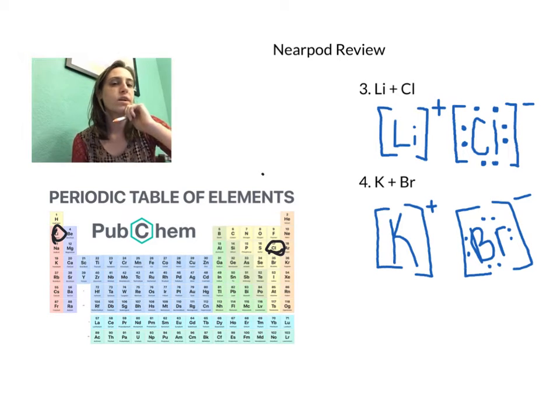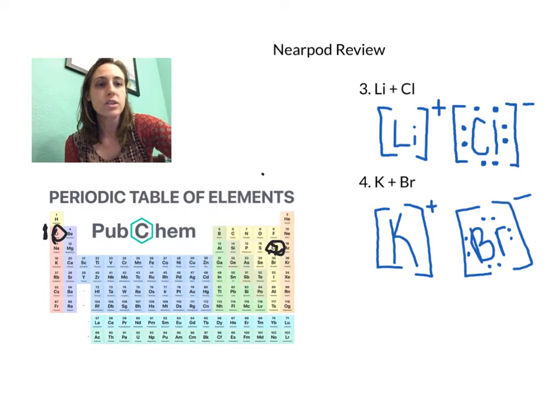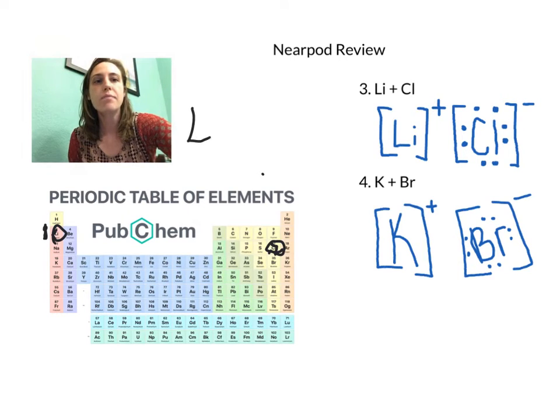Lithium has how many valence electrons? It has 1. And chlorine has 7. So it only needs 1 more to get that full octet that it's looking for. So what's going to happen is this 1 valence electron is going to move, and some of you actually showed this with the arrows, and that is fine as well.